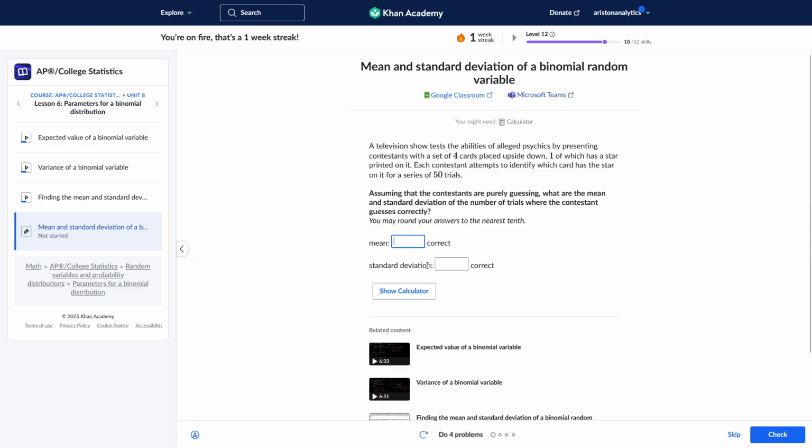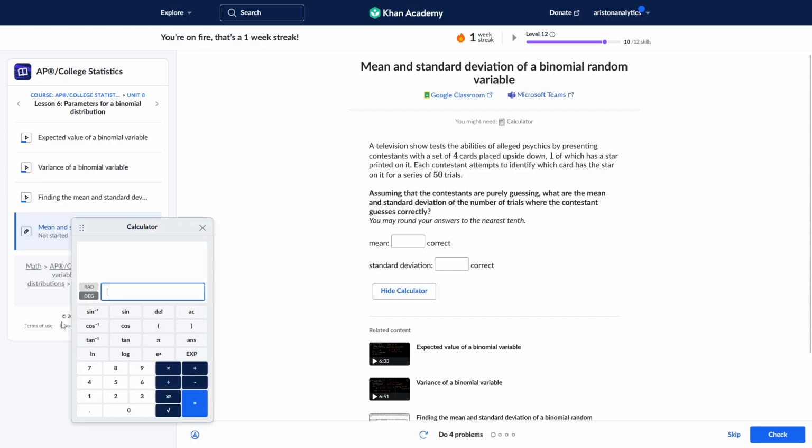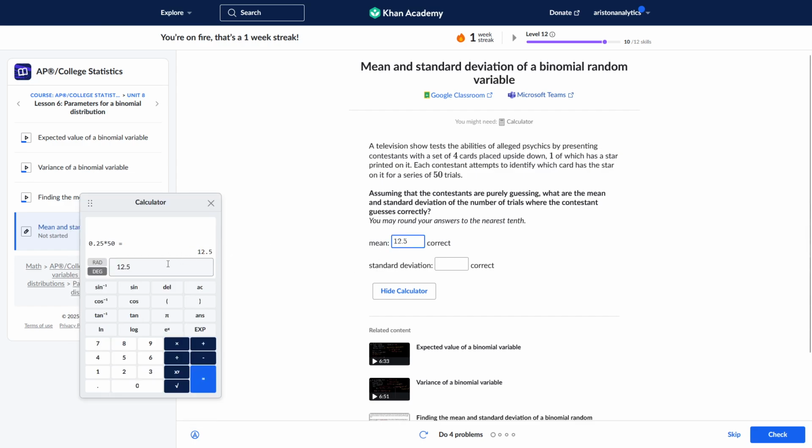Oh, it's easy enough. That is the mean. And then the standard deviation would be 50 times 1 times 0.75.